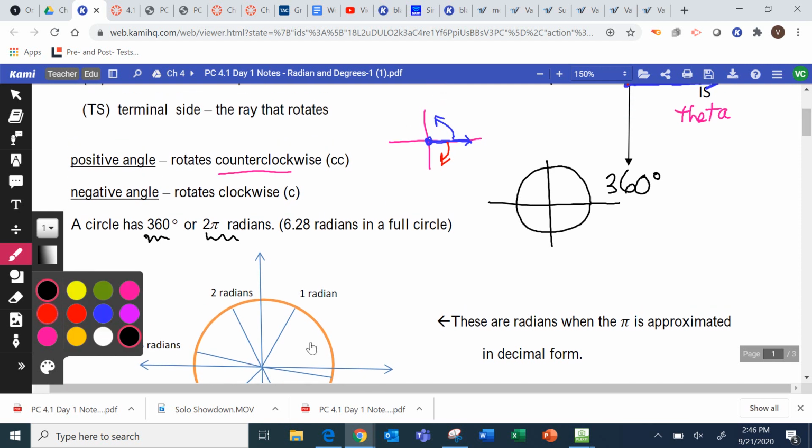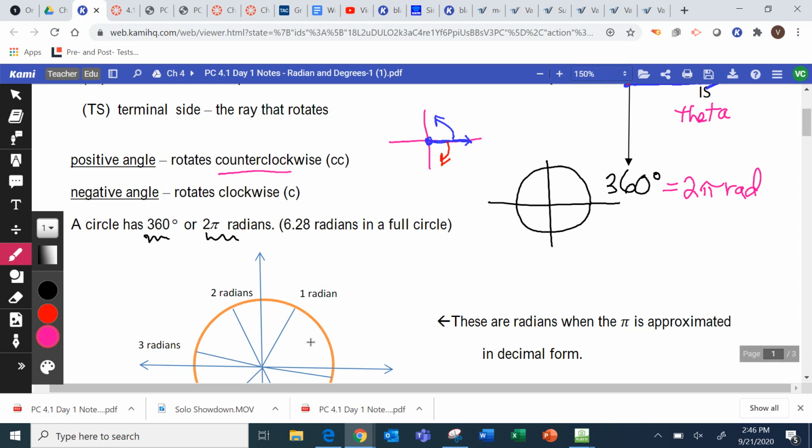If we make one full rotation all the way around the circle, that's going to be 360 degrees, but it's also going to be 2 pi radians. So what you need to understand is that these two numbers are equivalent. They are equal. They're the same amount of measurement. They just are in different units.